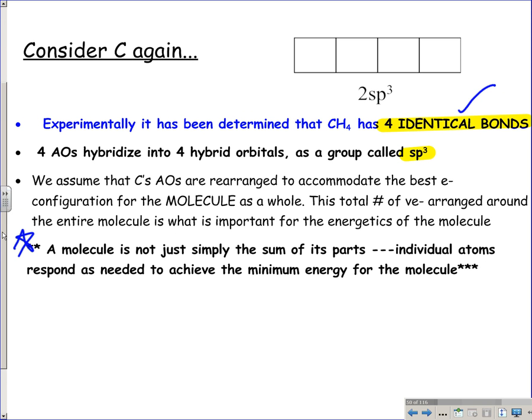Everything has to kind of give and take to attain the lowest amount of energy, the most stable configuration, the most stable arrangement of electrons as possible. So that's why we have these hybridization theories, because they explain a little bit more about why some atoms are extremely stable and others are not, or why some molecules form and others do not.